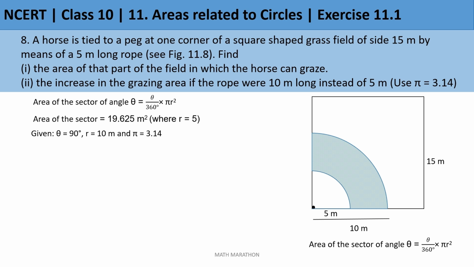Rope is 10 meter long. So, radius r is 10 meter. And pi is 3.14. Area of a sector is equal to theta, which is 90 divided by 360 multiplied by pi, which is 3.14 multiplied by r square, which is 10 square.